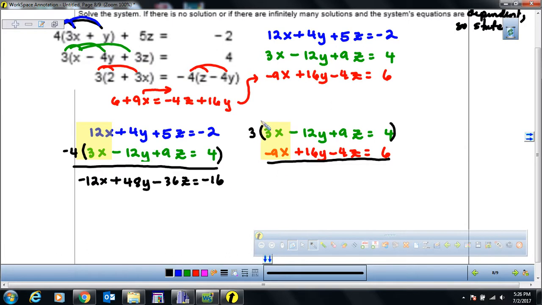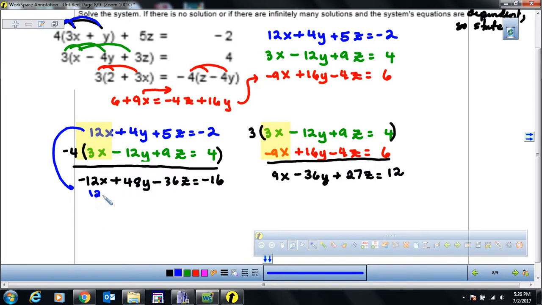This other one, 3 times 3 is going to be 9x, 3 times negative 12 is negative 36y, plus 9 times 3 is 27z, and that is equal to 4 times 3, which gives us 12. Then don't forget that the next part is that we need to add it to this equation here.